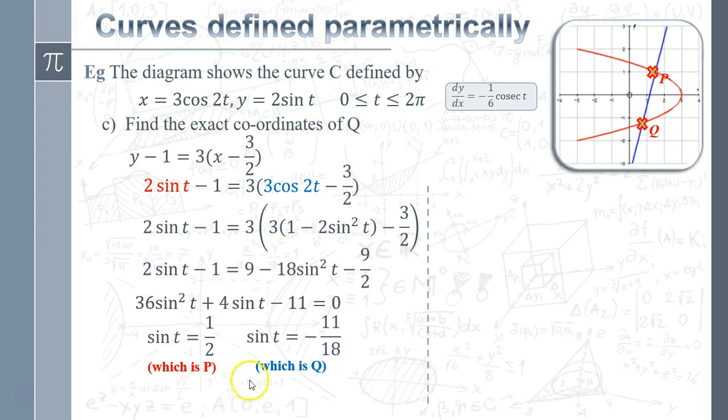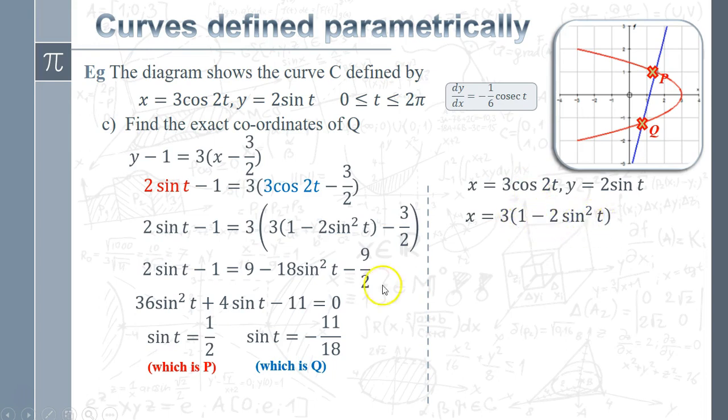It's probably a little bit easier just to work with this value of sine t equals minus 11 over 18, because if we go back to our definitions up here, we've got y equals 2 sine t. Well, I already know what sine t is, so I can use that. Over here, x equals 3 cos 2t, and we already had cos 2t we said was 1 minus 2 sine squared t.